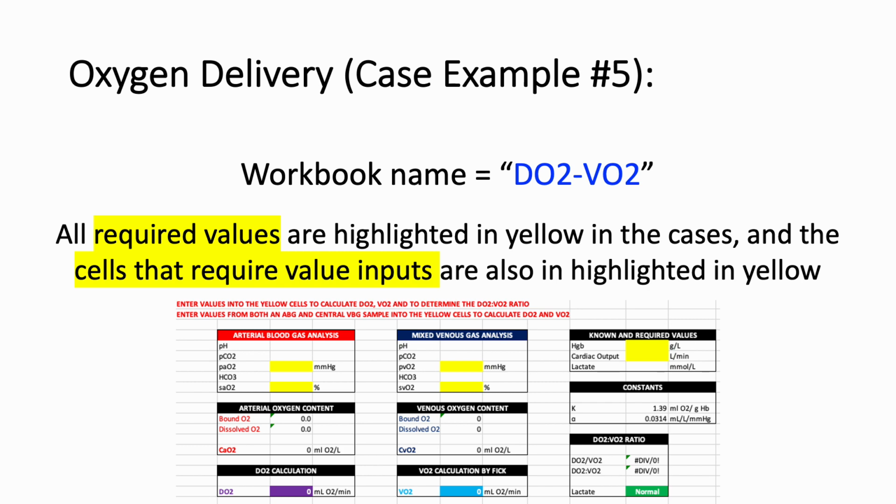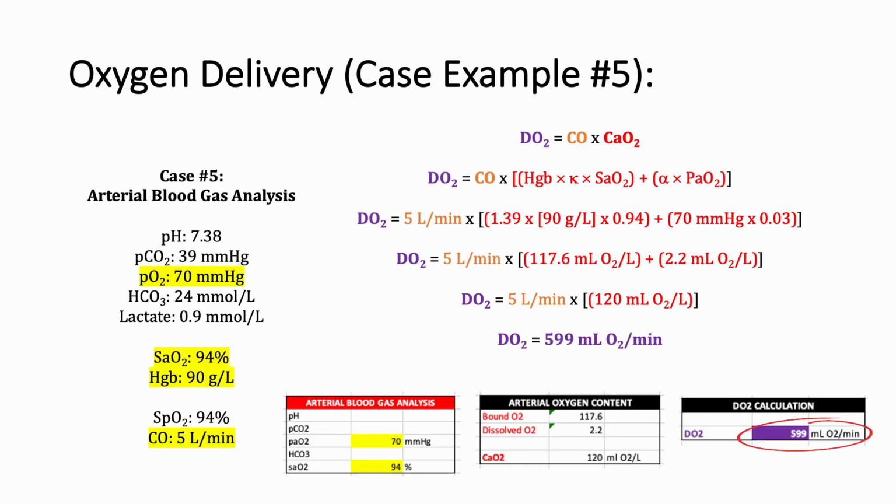The DO2 will be calculated in the purple cell. Using the PO2, SaO2, hemoglobin, and cardiac output, we can determine that the oxygen delivery for this patient is 599 mL of oxygen per minute, as shown here.